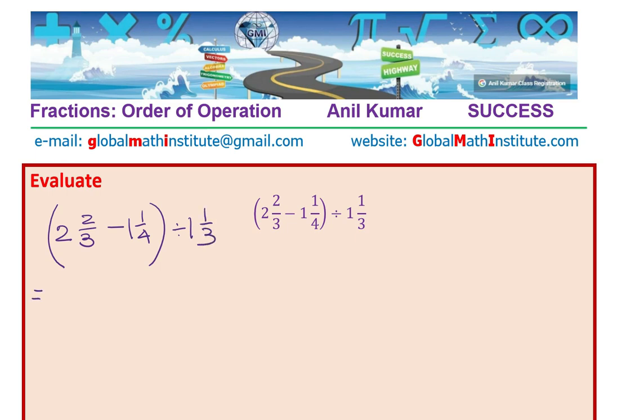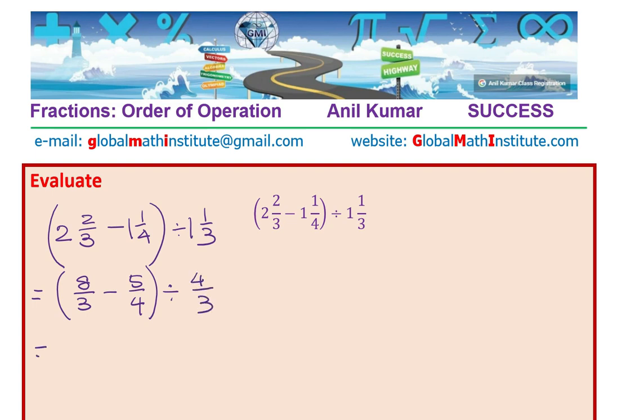So let's simplify it. So we'll write this as improper fractions. 2 times 3 is 6. 6 plus 2 is 8. So we get 8 over 3 minus 4 plus 1, 5 over 4. So let's do first division, then we'll convert to multiplication, right? 3 plus 1 is 4 over 3.